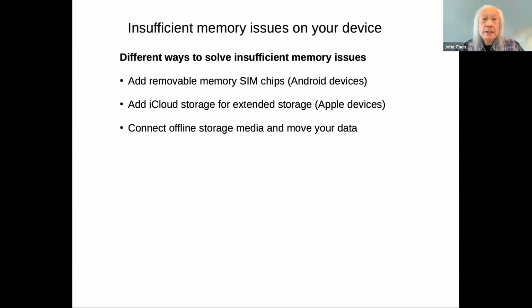Another way is you can connect an offline storage, which is usually a chip of some kind, to your phone, whether it be Android or Apple, and you can take what you have on your phone and put it onto the offline storage, which is a removable device.